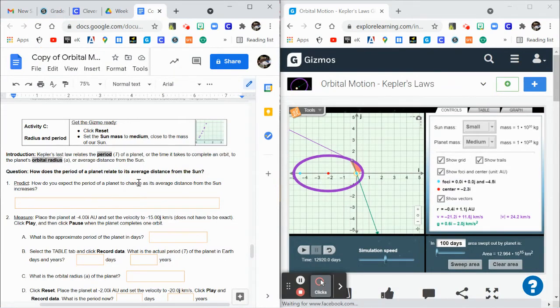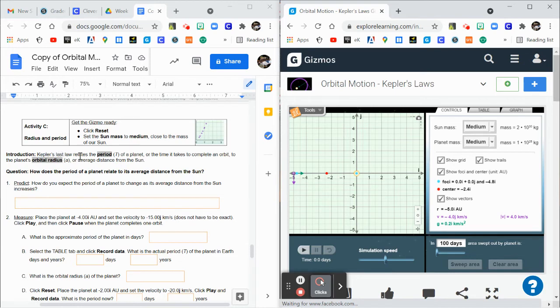Let's see. Introduction. Let's click on reset. Set the sun mass to medium. Okay, so let's click on reset. Sun mass to medium. Okay, and all right. Introduction.